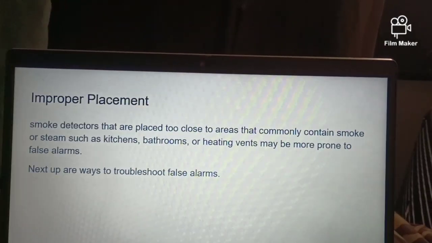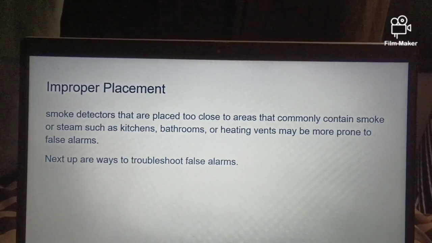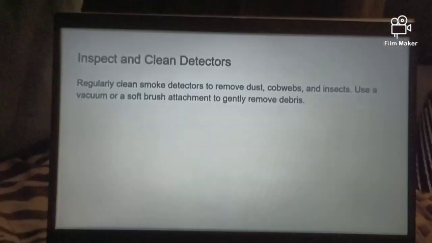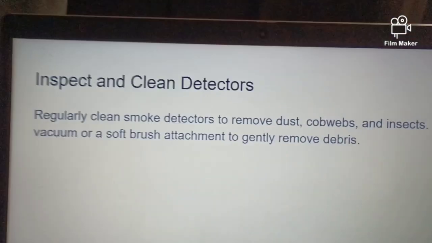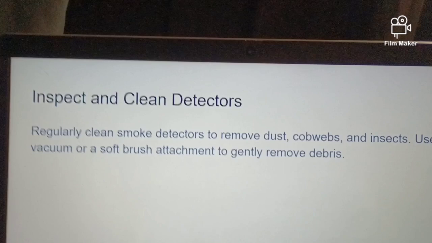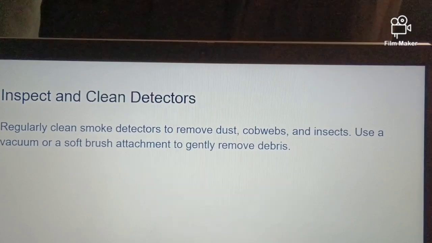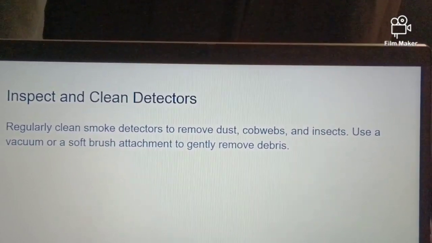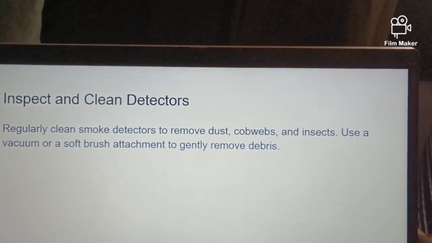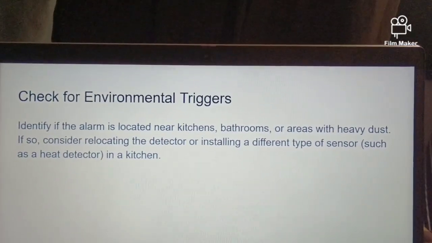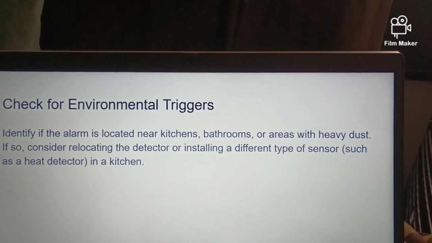Next up are ways to troubleshoot false alarms. Inspect and clean detectors. Regularly clean smoke detectors to remove dust, cobwebs, and insects. Use a vacuum or a soft brush attachment to gently remove debris. Check for environmental triggers.